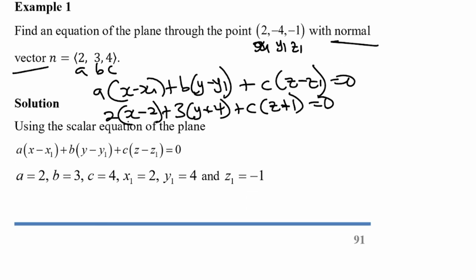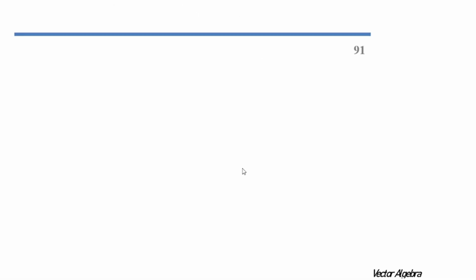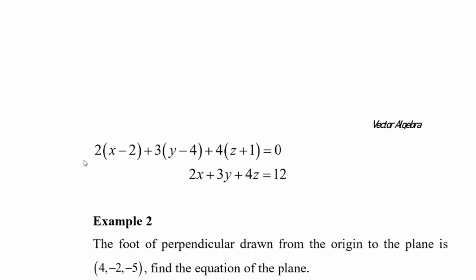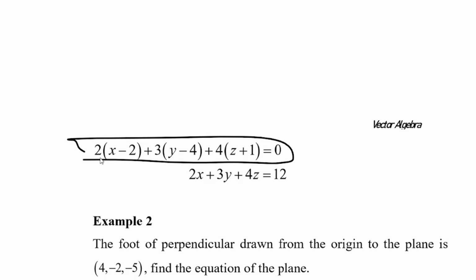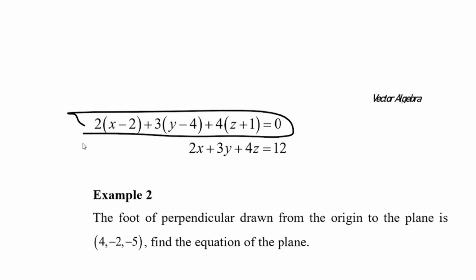Let's check it out here. So this is what you have. When we multiply through by their corresponding coefficients, I'm going to have 2 times x, and then 2 times negative 2, plus 3y. So we are going to have 2x minus 4 plus 3y minus 12 plus 4z plus 4 equal to 0.